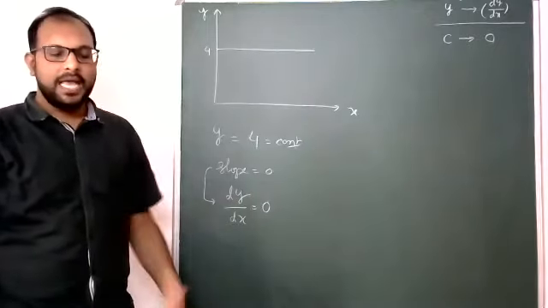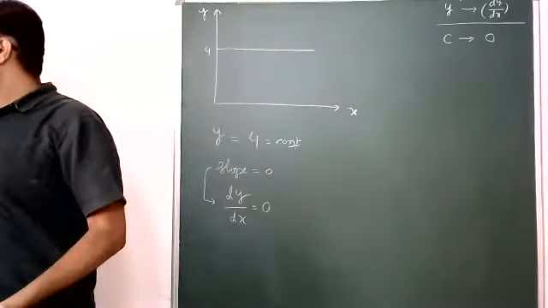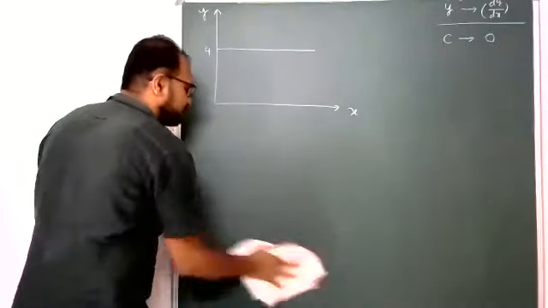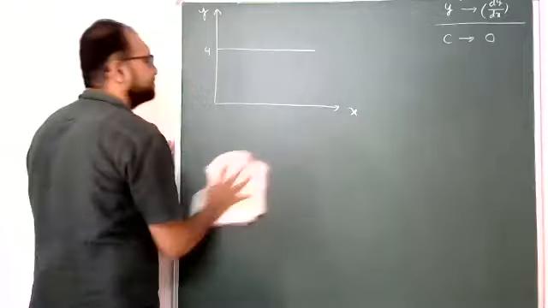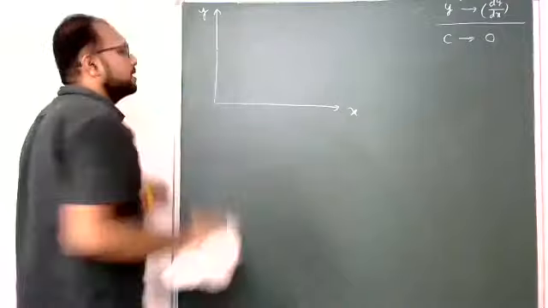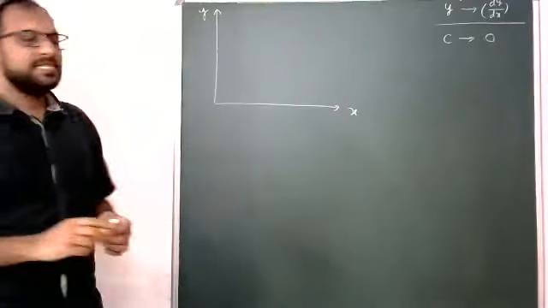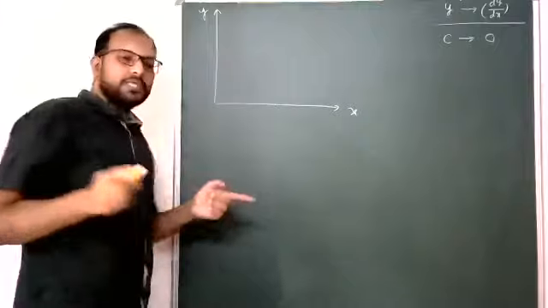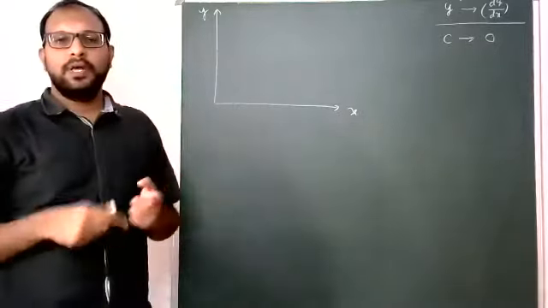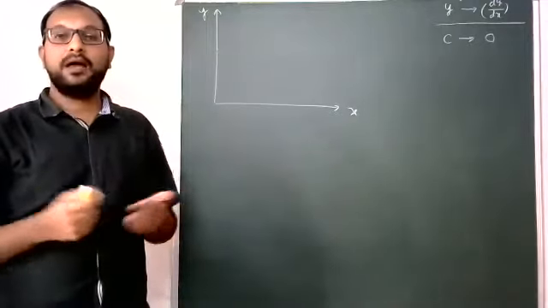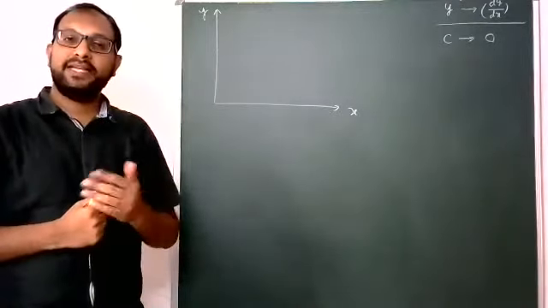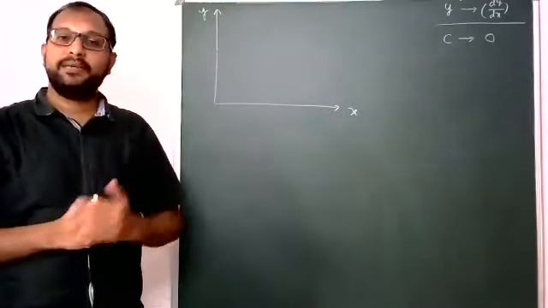So that is the first one. Now students, one more function here I am taking. Yes, constant completed, another function. Suppose one straight line. All students know straight line equations. Y equal to c plus mx or c minus mx or minus c plus mx.